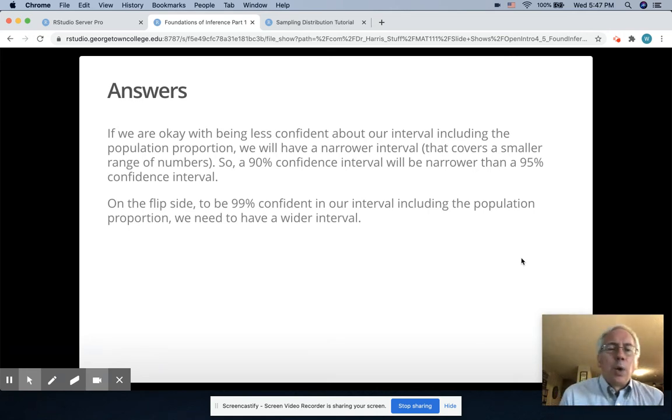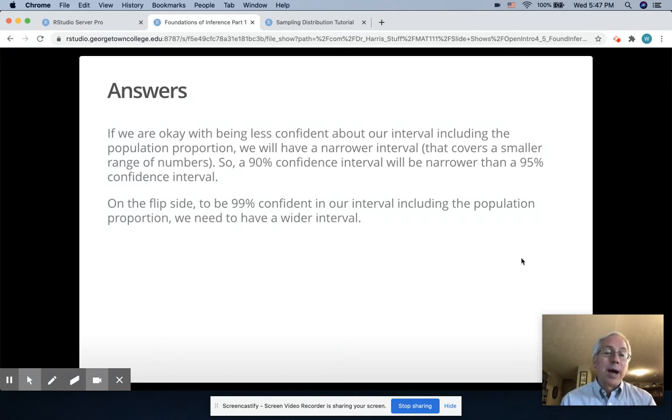So hopefully you've got a sense that lower confidence means that we can take a narrower interval. If I want to be less sure, less confident in my method, if I want to have it work less often, I will take a smaller range of numbers. Whereas if I want to be more sure of capturing the population proportion a greater percentage of the time, then I would take a wider range of numbers.